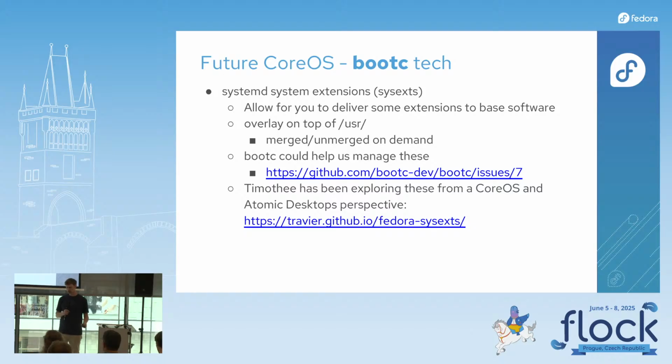And they can be merged and unmerged on demand, which means you can essentially hot plug them in. But really, bootc can help us manage these things as part of an OS update, right? So they're not managed separately. They're managed kind of like the logically bound images that I mentioned earlier, along with the update. So there's an open issue for that, kind of tracking that work.